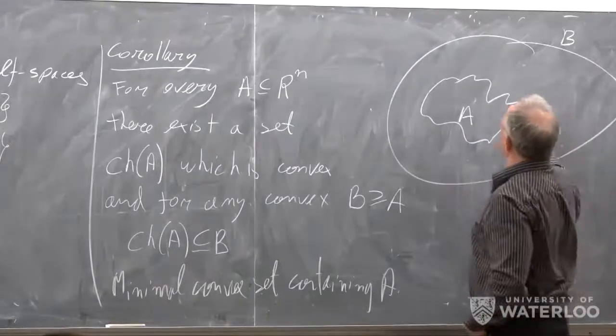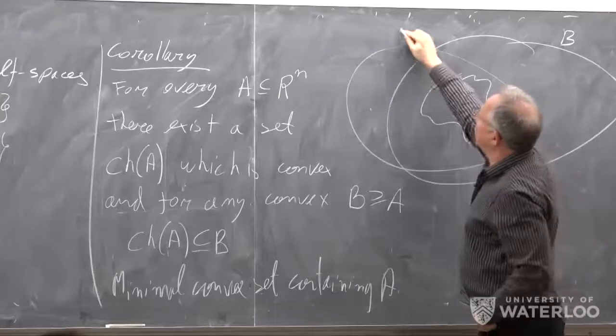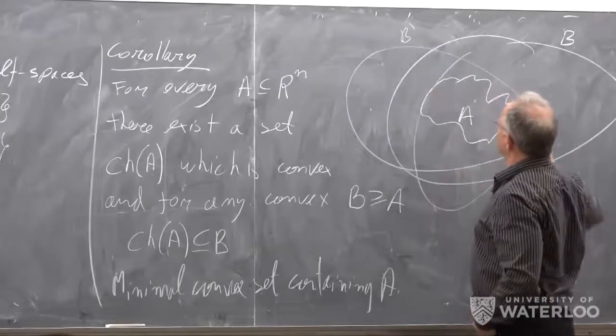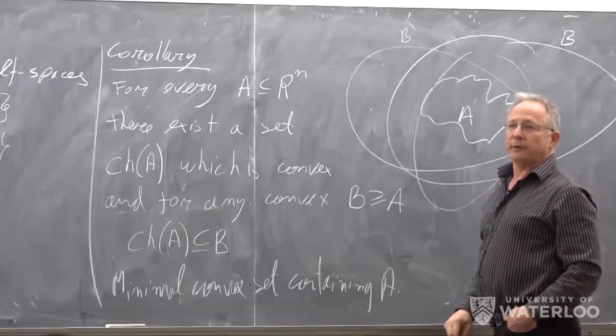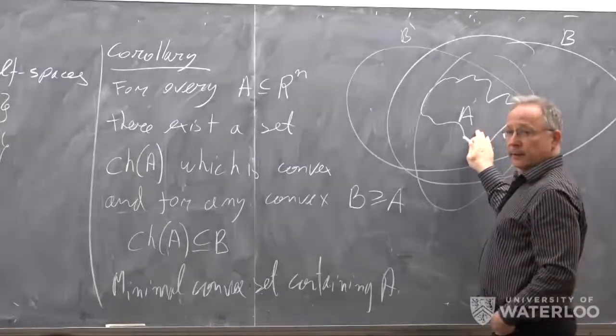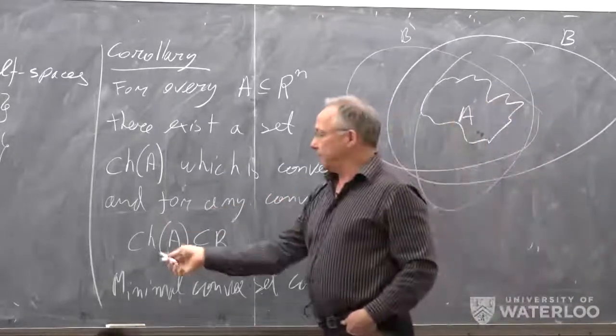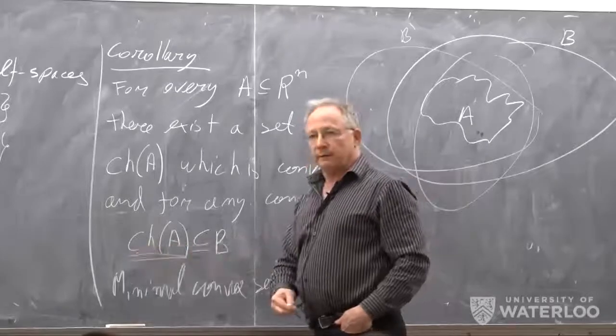So I can take the intersection of all the convex B, B prime, whatever. I take the intersection of all the convex sets that contain A. Since intersections are convex, the result is going to be a convex set.